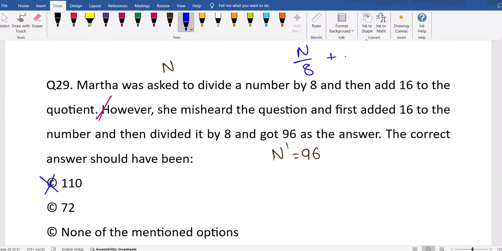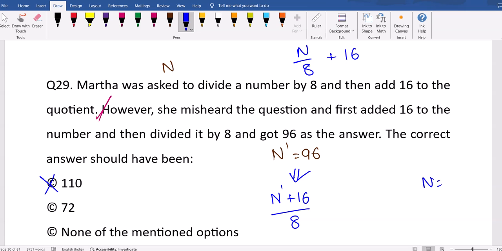Then adding 16. But here she added 16 to the number, then divided by 8, and got 96.